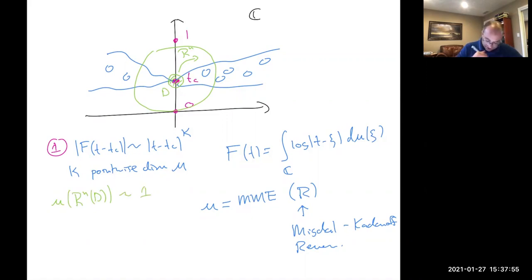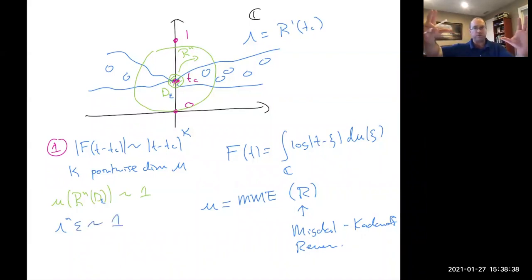So that implies, right. And then the point is that lambda is the multiplier, R prime of tc, so if you call this D sub epsilon, lambda to the n times epsilon is on the order of 1 because you're trying to get to the disk of radius 1.